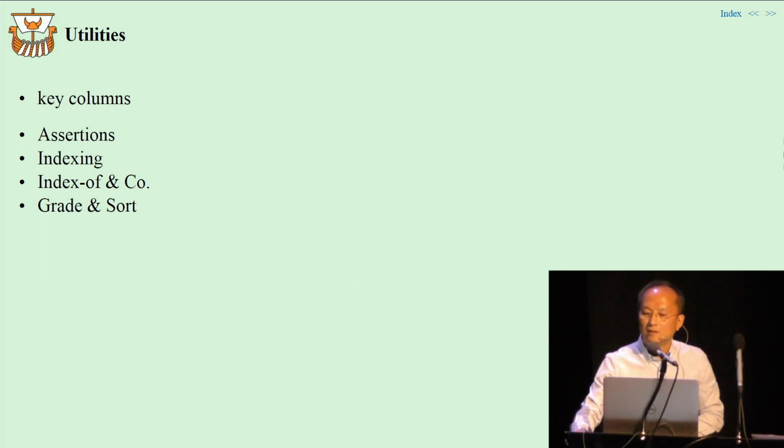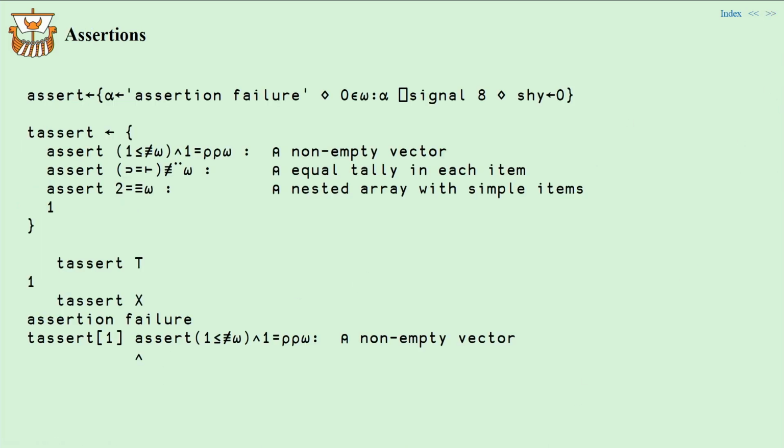Okay, the first one, an important one, is an assertion which tells you whether the argument is an inverted table or not. And if it's not, it stops at the first place where it finds things are objectionable. So this is saying that an inverted table is a non-empty vector of simple array items having equal tallies.